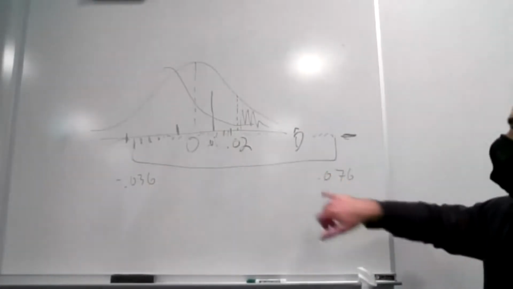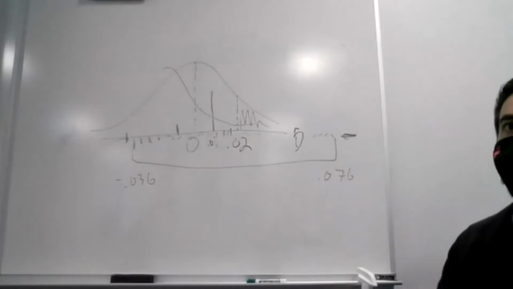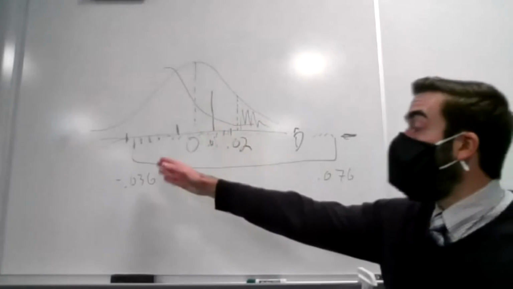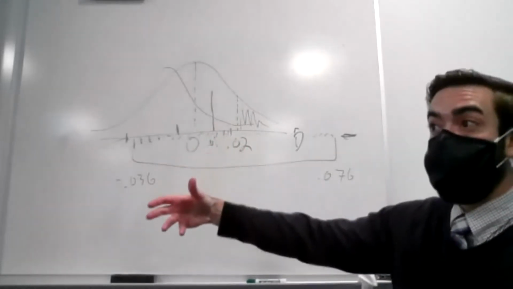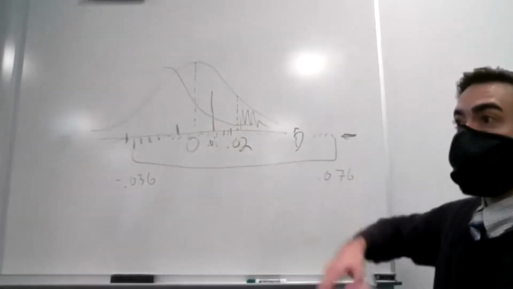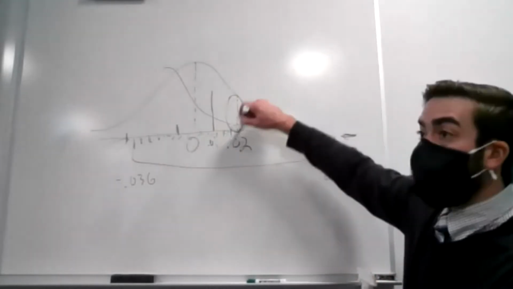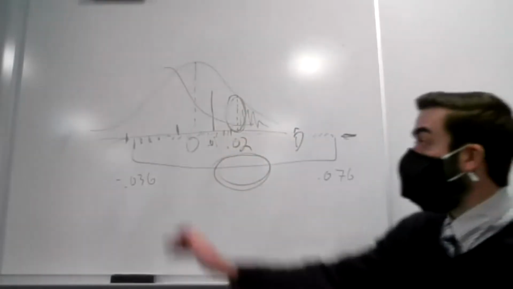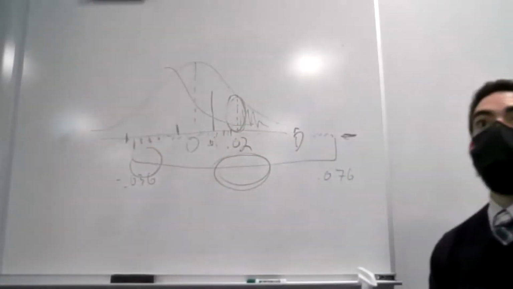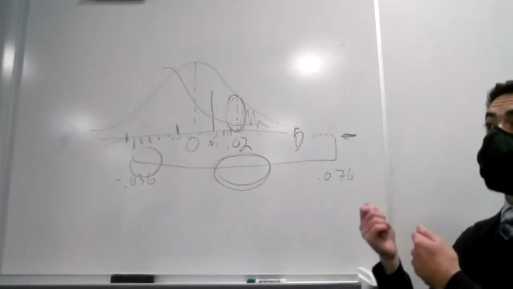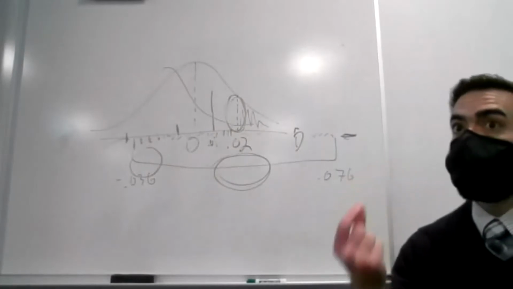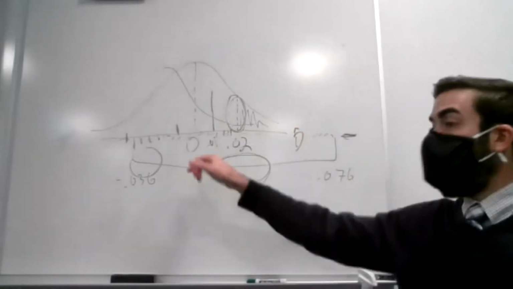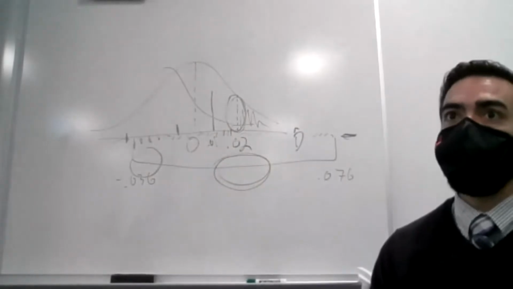I can't tell you that 0.07 isn't the true population difference. But with certain levels of confidence, some of these values are more likely to be the true difference than others, right? Because based off the sample evidence I found, these values are more likely to be the true difference than these values. And how much more likely? I could start to compare the p-values, because the p-value tells me the probability or how likely it was that I would see any of these values based off the sample evidence I found, okay?